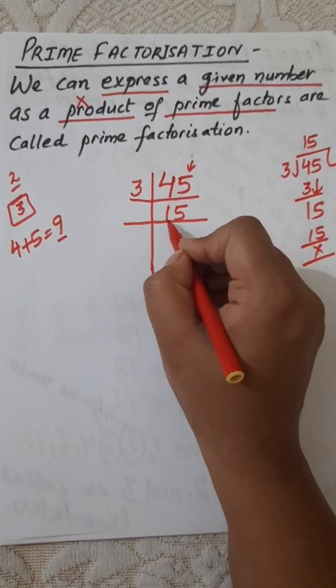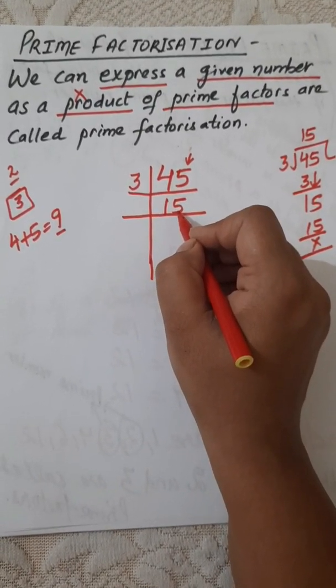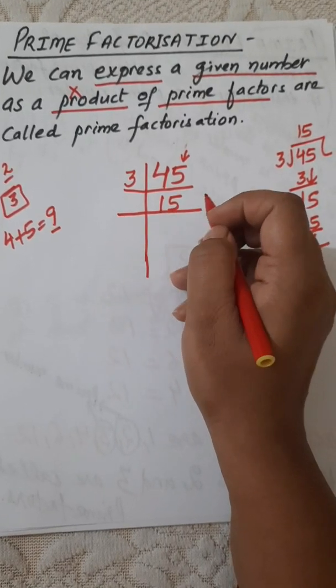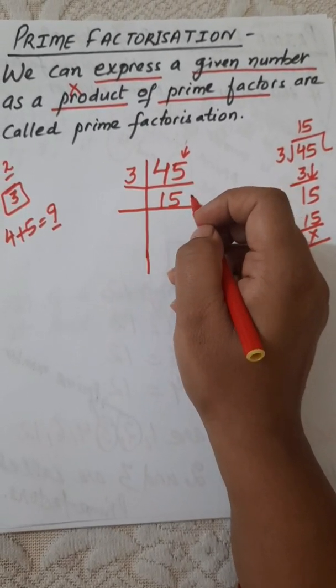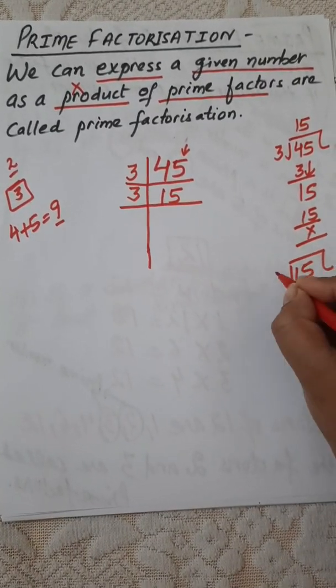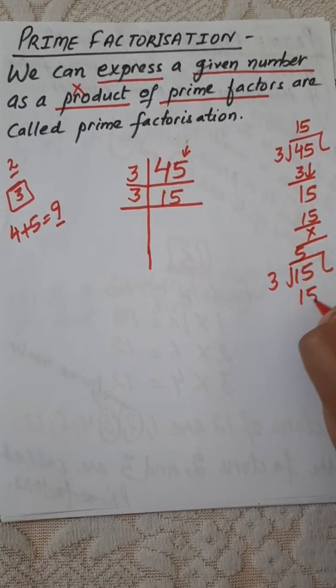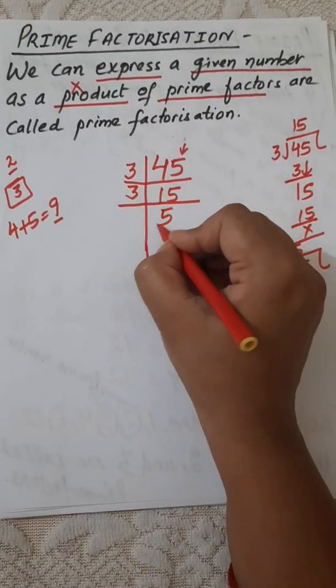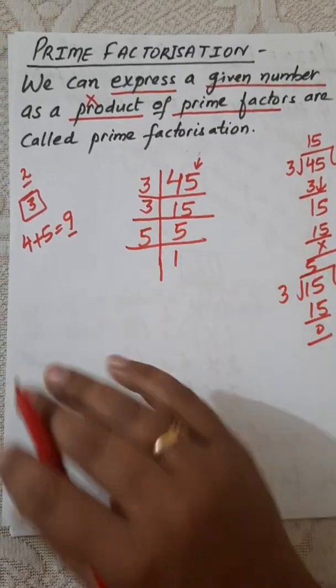Next, if you add 1 plus 5, you will get 6, and 6 is also a multiple of 3. So when you divide 15 by 3, 3 fives are 15. So here we have 5, and 5 is divisible by 5.